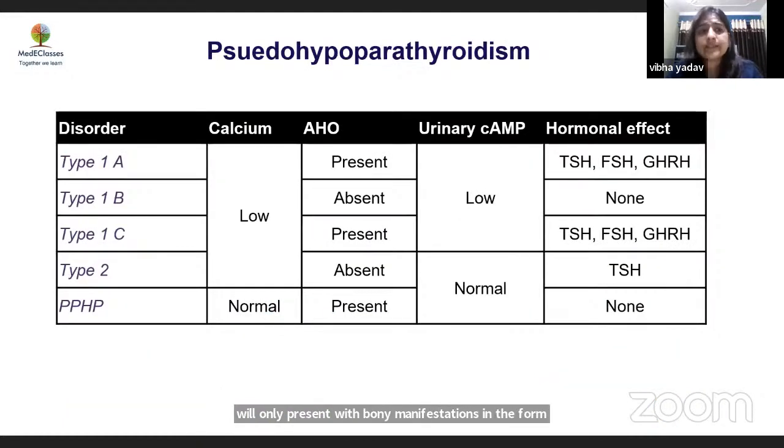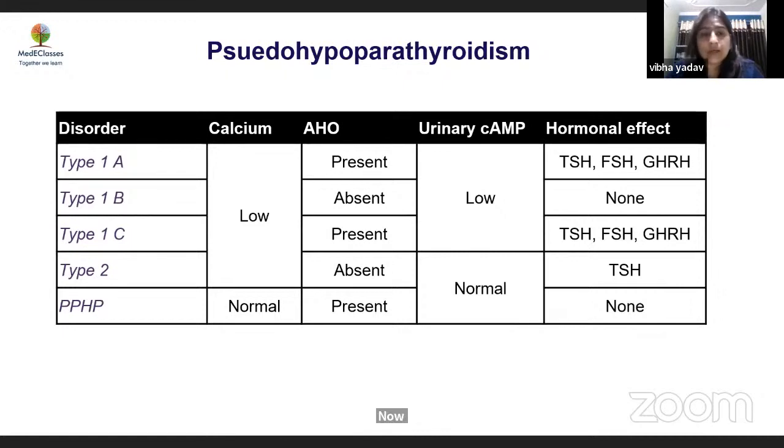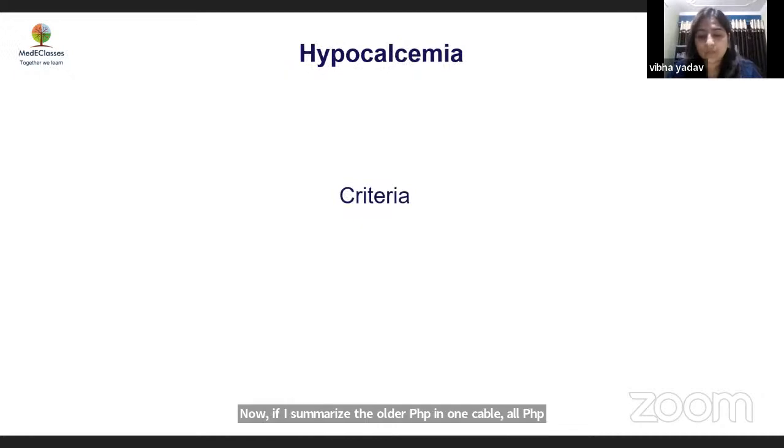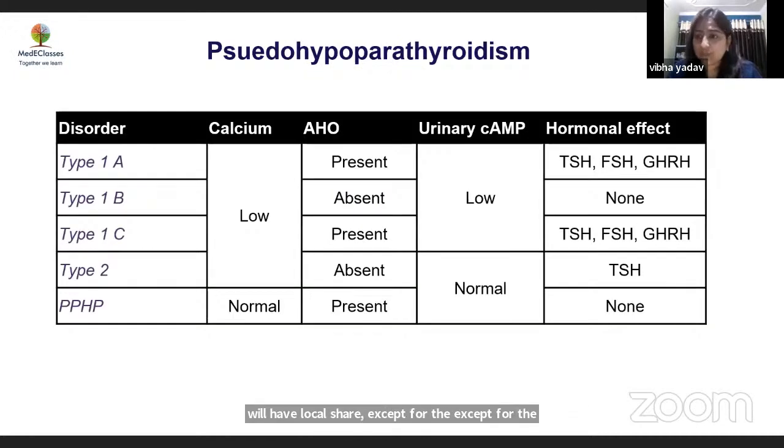Now, if I summarize all the PHP in one table, all PHP will have low calcium except for PPHP, that is pseudo hypoparathyroidism. All PHP will have the AHO phenotype except for type 1B and type 2.